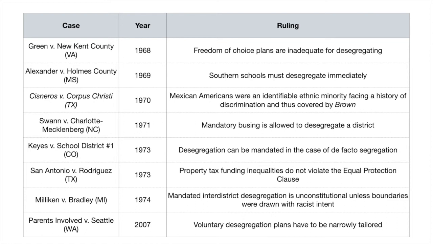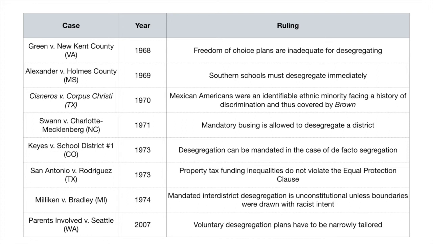In 1973, we have a case out of Texas, San Antonio versus Rodriguez, which started to argue that desegregating within districts still wasn't entirely fair because there was still inequality. If separate is inherently unequal, what do we do about inequality broadly in terms of funding?